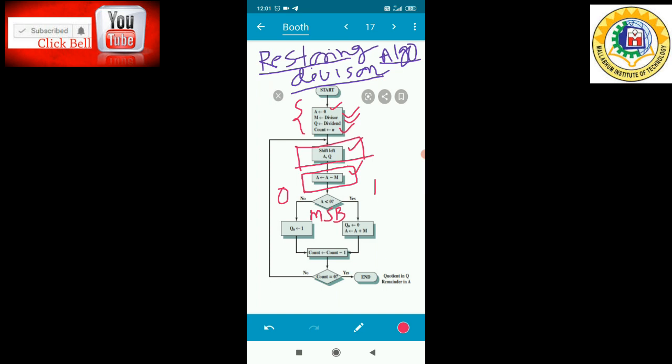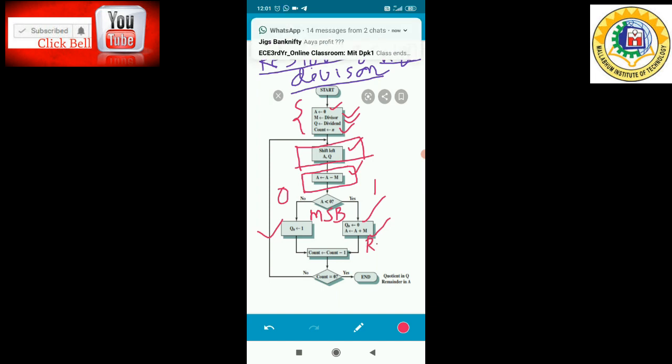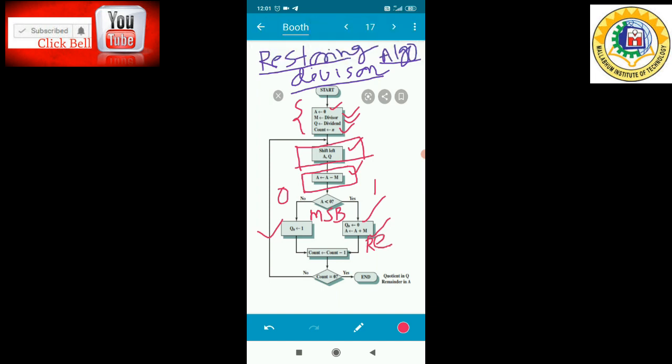If the MSB of A is 0, then we make Q0 equal to 1, and if the MSB of A equal to 1, then Q0 equal to 0, and we perform A equal to A plus M. This A equal to A plus M is called restore A, or the restoring step.